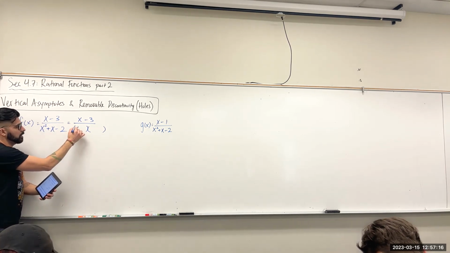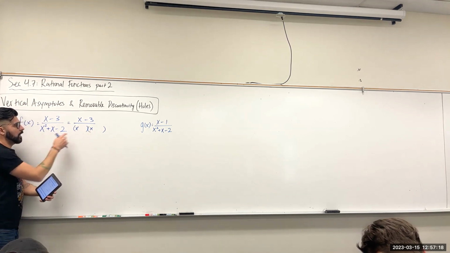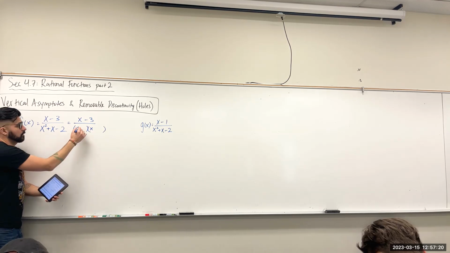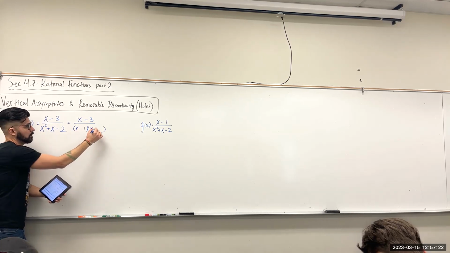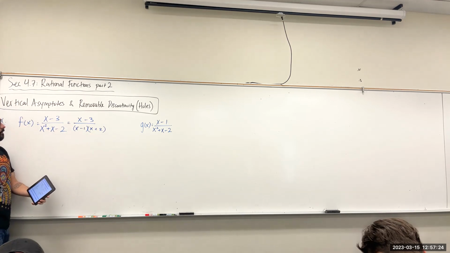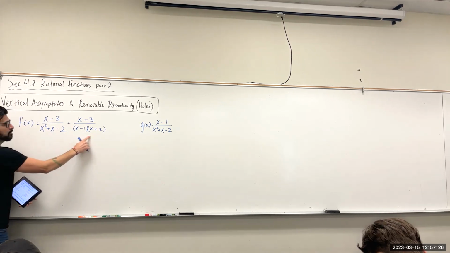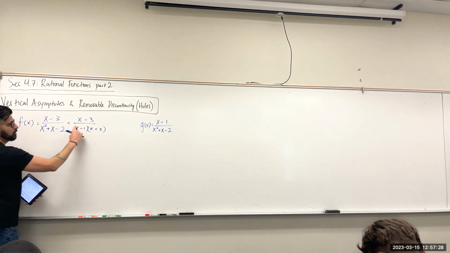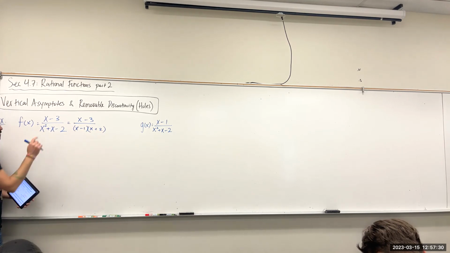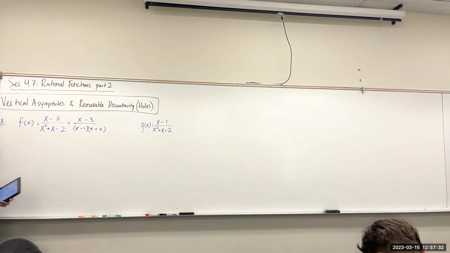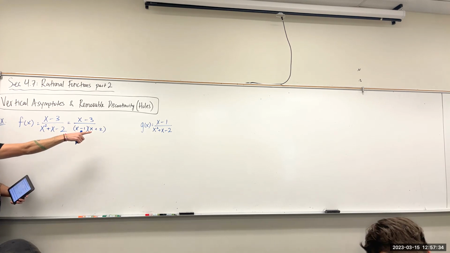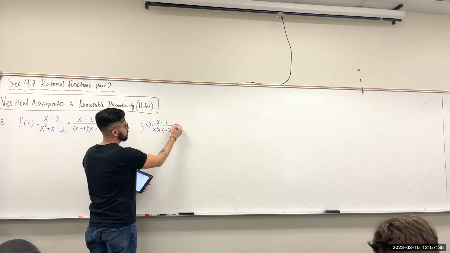Two things that multiply to negative 2 and add to 1? Negative 1 and positive 2. So x minus 1 times x plus 2, since negative 1x plus 2x equals 1x. Good. And this denominator is the same, so it factors the same way.